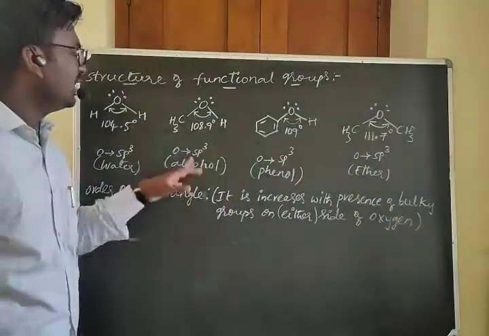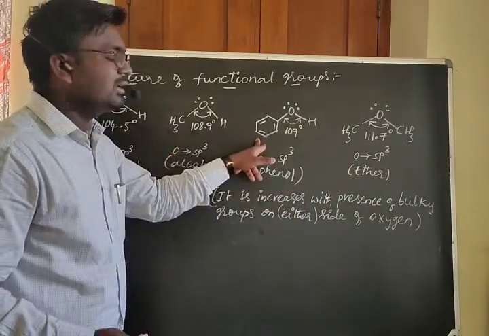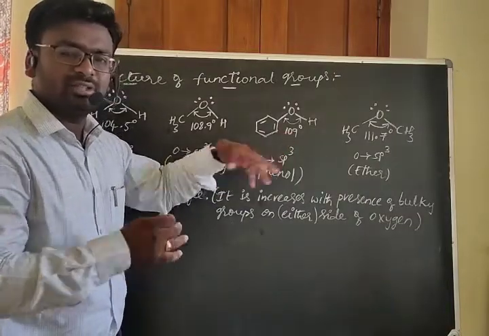Okay, if it is present on only one side, compare the bulky groups. The one higher in bulkiness will cause more repulsions and more bond angle.